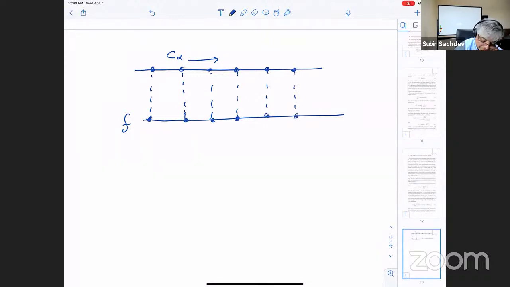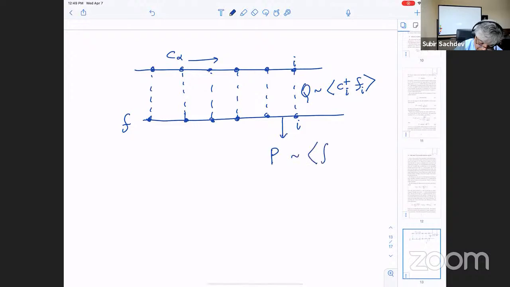And on each such link, I had a Q, which was the expectation value of C dagger F. But now let me put a site index. This is the same site I, but there's two bands. So C_i F_i. So now on this link, I'm going to get a P, which is going to be F dagger I, F J. Right now this side is I and that side is J.